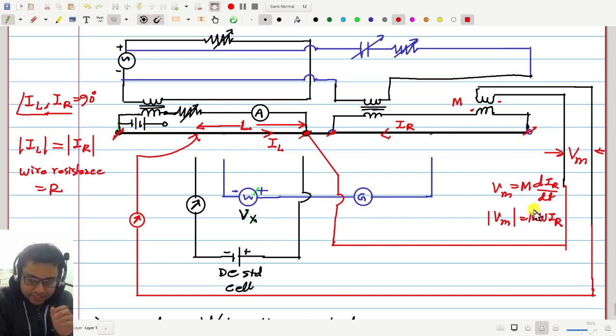M is known, omega is known. Let me call R the total resistance, so K will be equal to M omega IR. I considered K to be the voltage per unit length of the left part. Fine, let me do it that way. Suppose the total length is capital L.